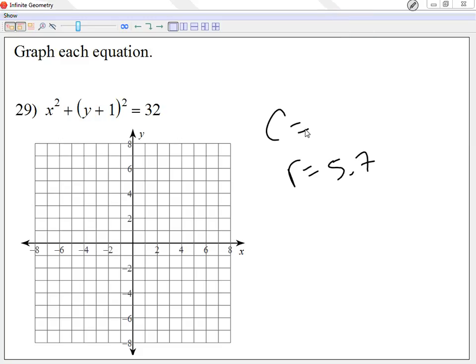So whenever you guys are measuring it, you can find your center. For 5.7, just go 5 and a little bit more. For example, we know our center is 0, negative 1. So whenever you guys go 5.7, obviously just go 5 and some more.